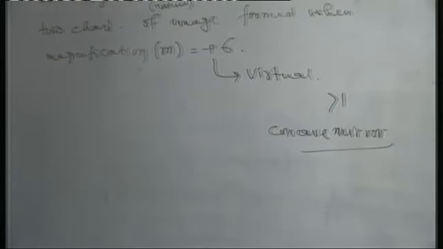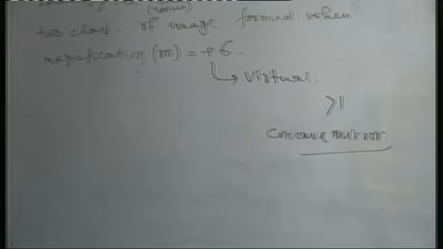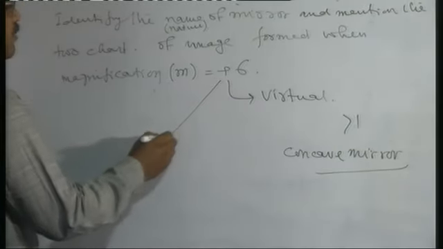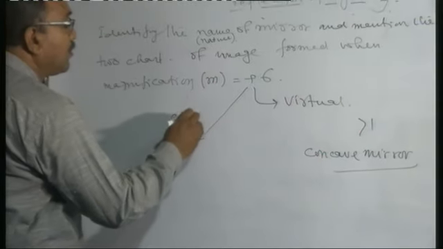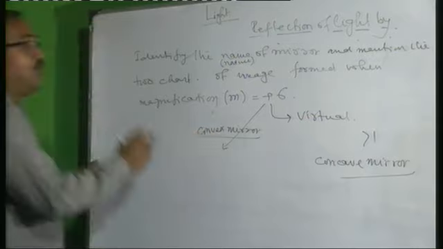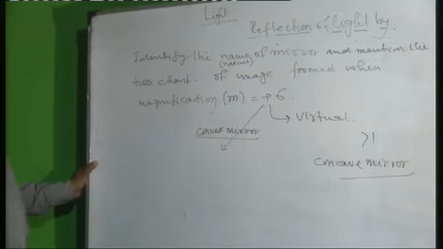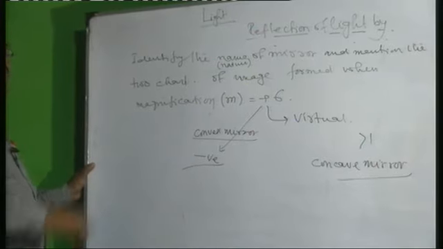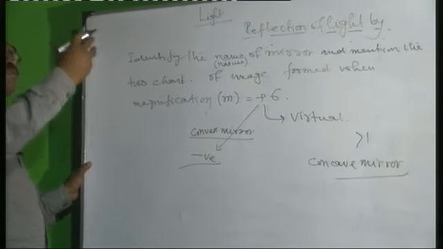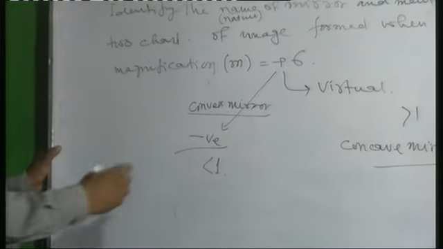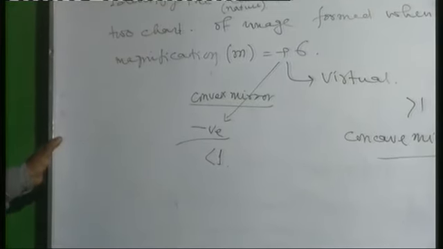The convex mirror always forms a virtual image. The nature of the image for the convex mirror: it always forms a virtual image, the magnification will be positive, and the value must be less than 1, means it is a diminished size.